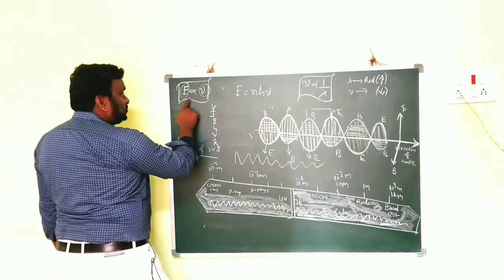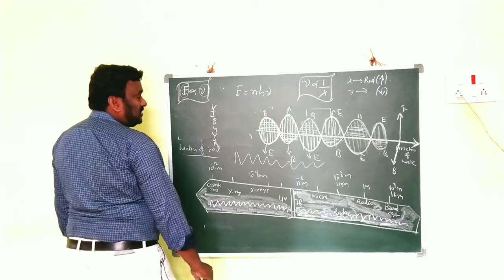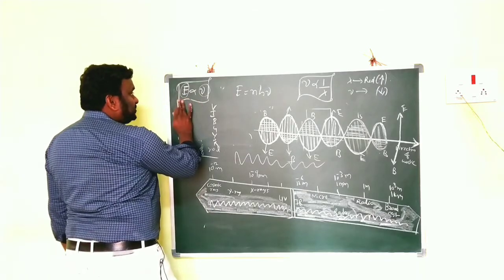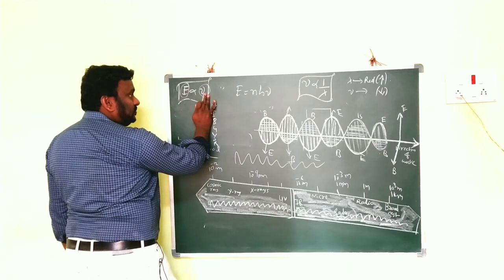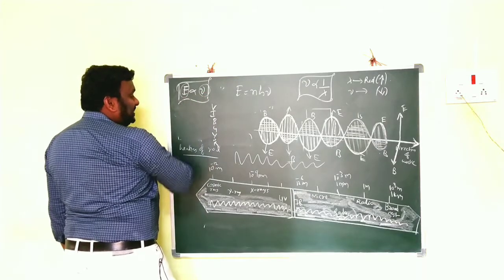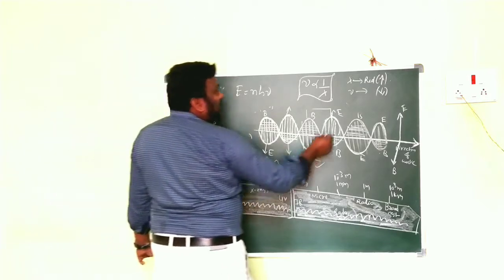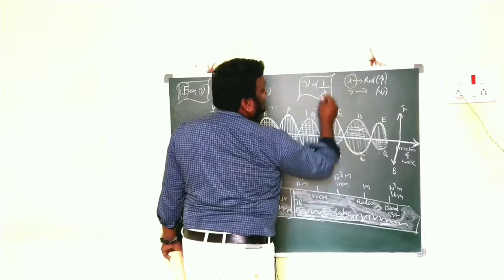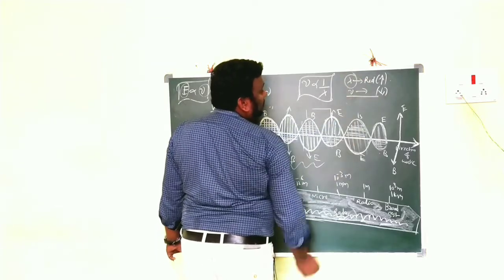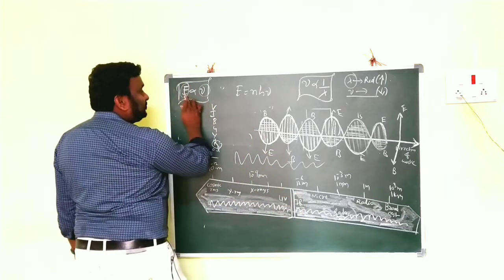Here E is proportional to nu, and nu is proportional to 1 by lambda. According to the statement, the color which has more frequency should have more energy. For example, red color has the maximum wavelength and minimum frequency. When frequency is minimum, its energy is also minimum.